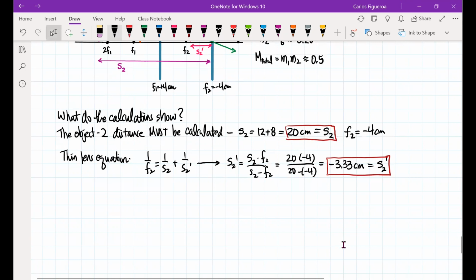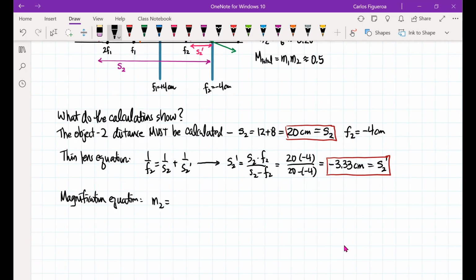Now, let's look at the magnification. The magnification equation tells me that M2 is minus S2 prime divided by S2. And so my numbers are going to be minus minus 3.33, and then my object distance is 20.